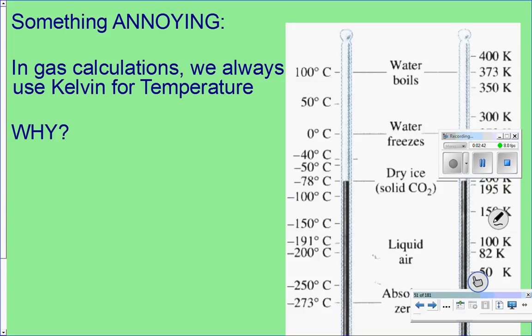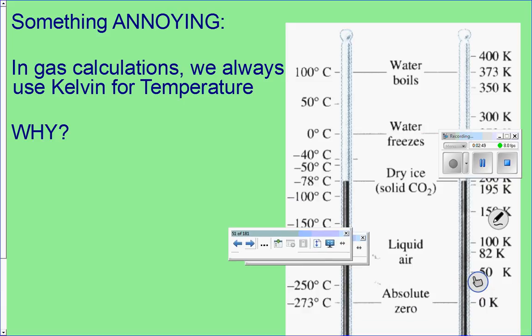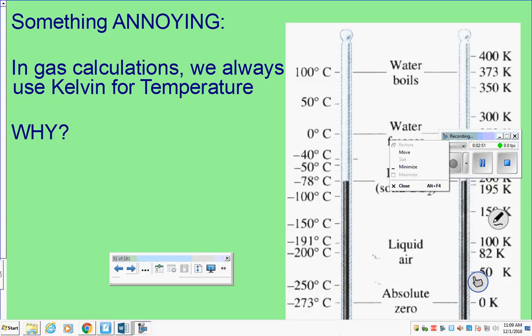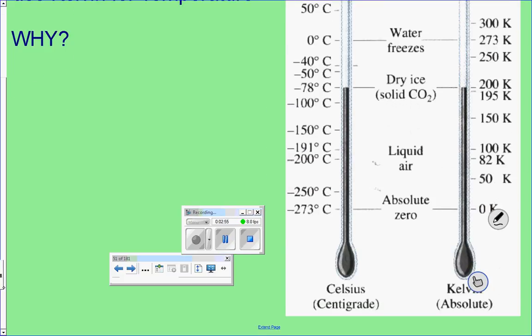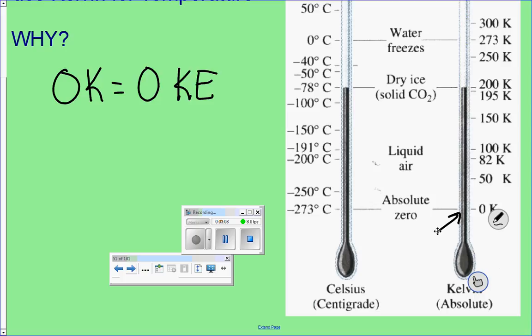So temperature, when we talk about this particular part of this unit, we do have to have our temperatures in Kelvin. The reason that we need to have our temperatures in Kelvin is because of this right here. Kelvin is an absolute scale. 0 Kelvin equals 0 kinetic energy, no molecular movement.